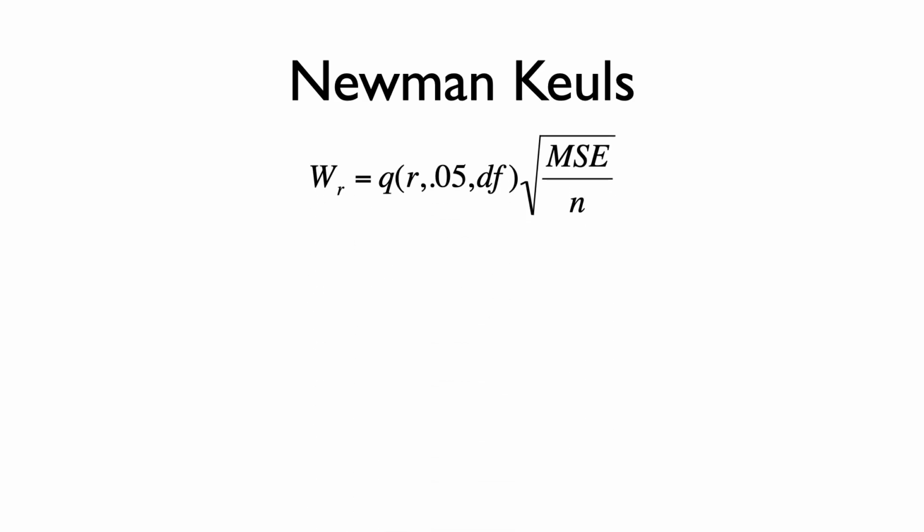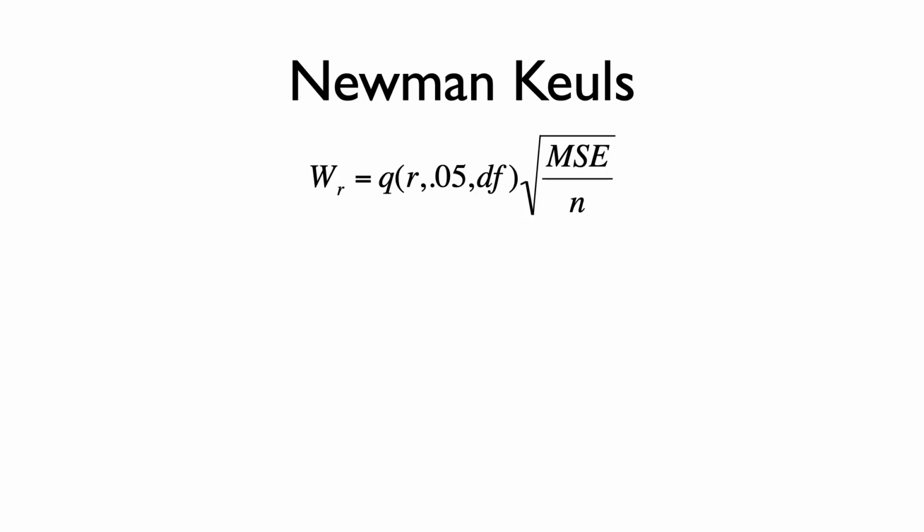The Newman-Keuls test. How does this one work? You get the Q value for a specific range. Remember that range thing we just got in the last one? This takes that into account. You do that calculation, look it up, get a number, multiply it times this, and it gives you W, which is just the range.